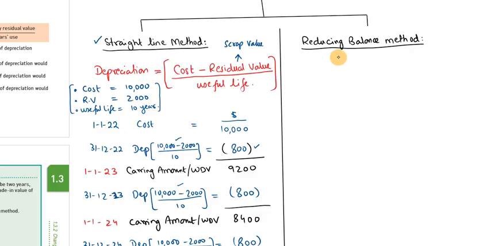Normally, we calculate depreciation using the reducing balance method in percentage form. We will calculate depreciation by using the depreciation rate.